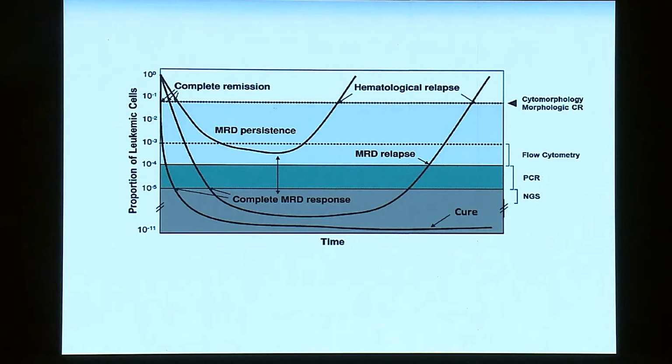Flow cytometry can detect from 10^-3 to 10^-4, and in certain centers in Canada, they are able to detect up to 10^-5 with flow cytometry alone. And we have PCR, real time and quantitative. Next generation sequencing is already on the horizon, and according to some companies it can detect up to 10^-7. Having said that, the key opinion leaders think this is nonsense.